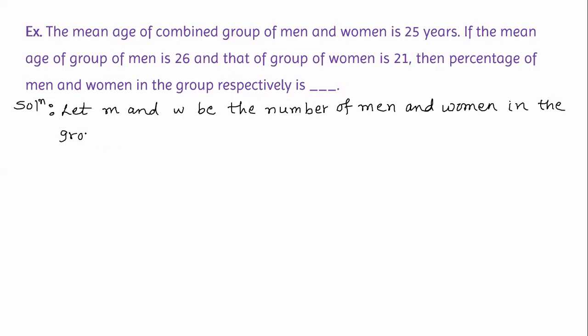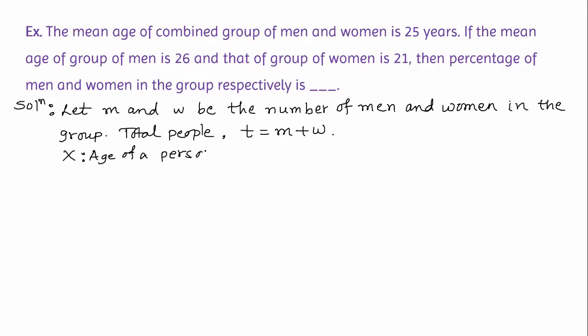So total people in the group, that is T, is equal to number of men plus number of women. So this is obvious. Then let us call X a variable or attribute for age of a person.